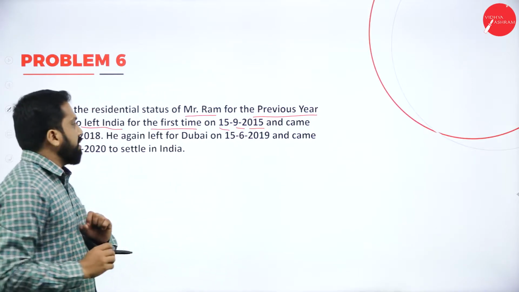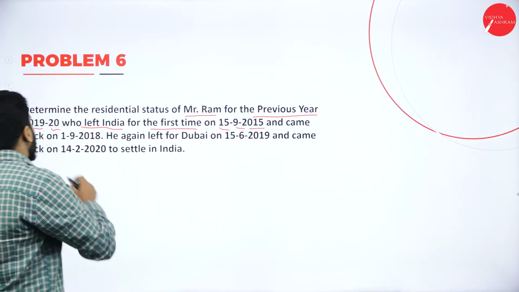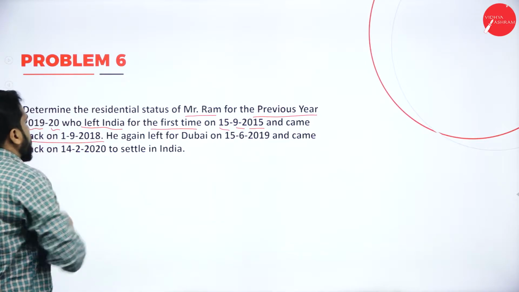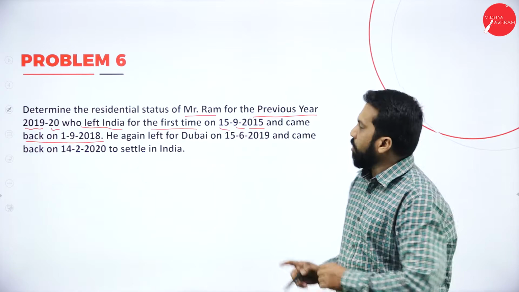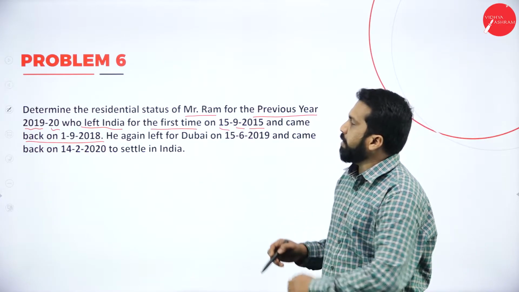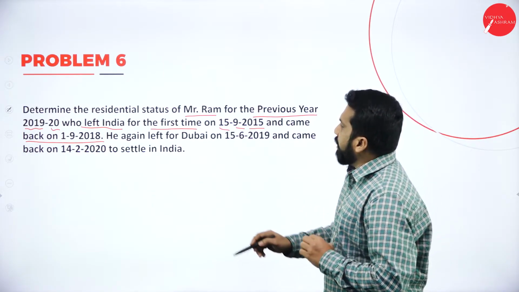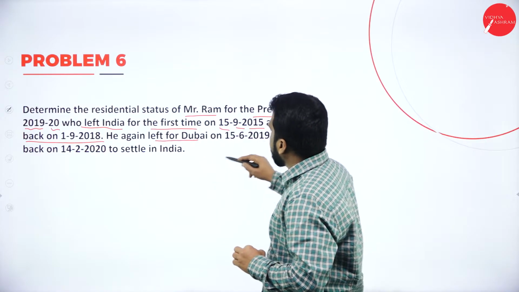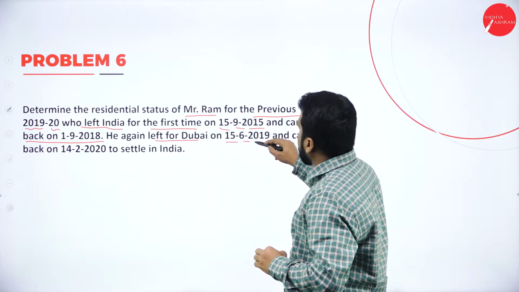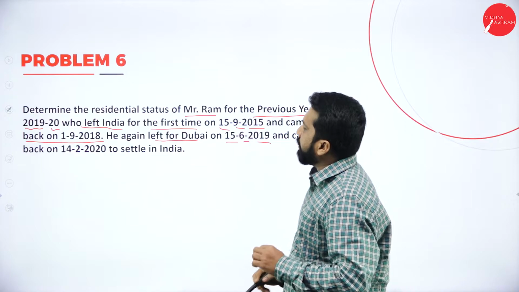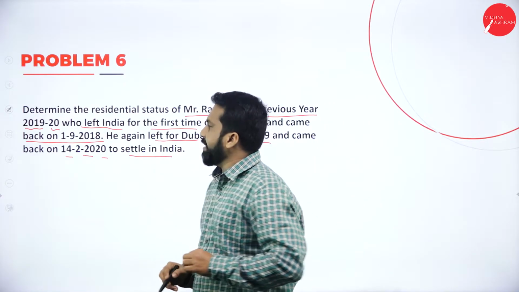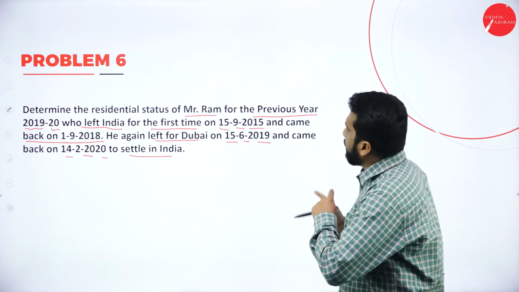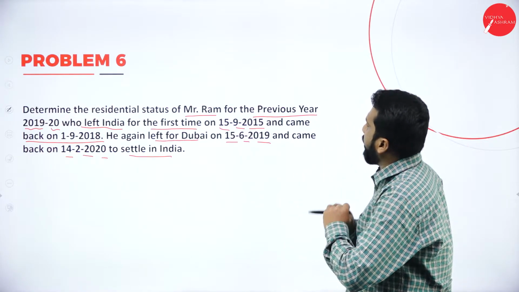Now, as per this, he came back on 1st September 2018. Now, he again left for Dubai on 15th June 19. He came back on 14th February 20 and settled in India. So, these are the informations we have.